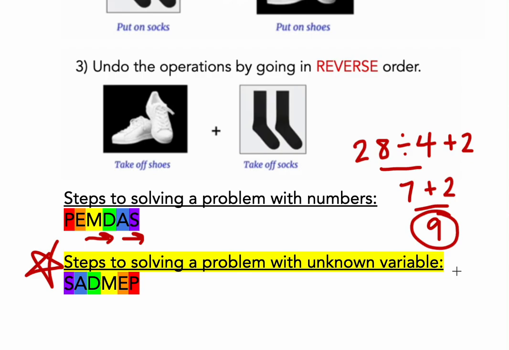So now we are following SADMEP. So this right here should go into your notebook, SADMEP. I don't know what a MEP looks like, but it's sad. And it's not going to be happy until we solve for that unknown variable. Very easy to remember, just the opposite of PEMDAS.